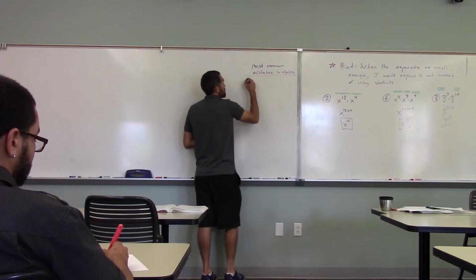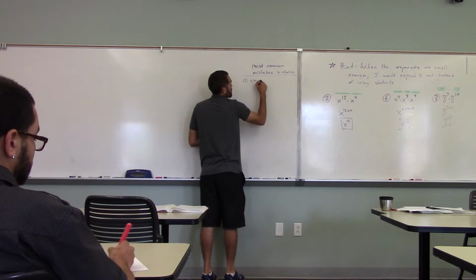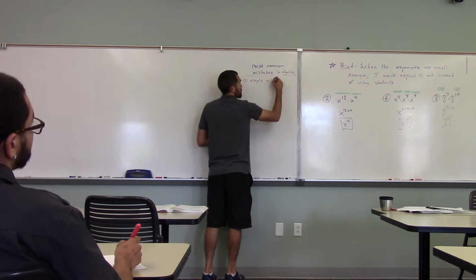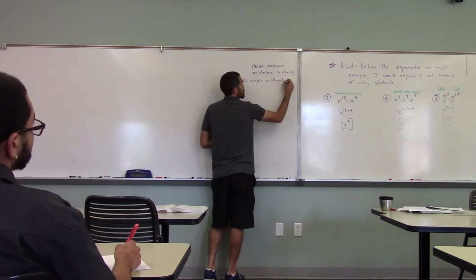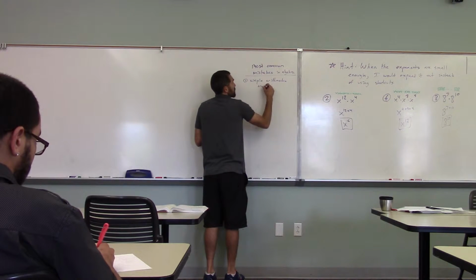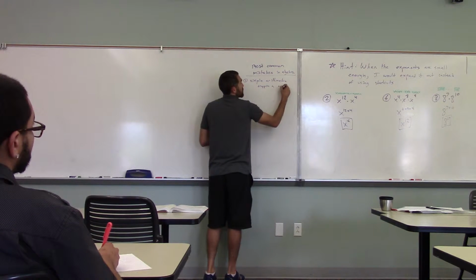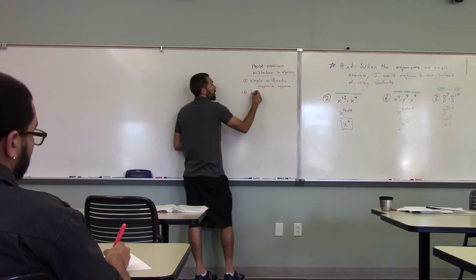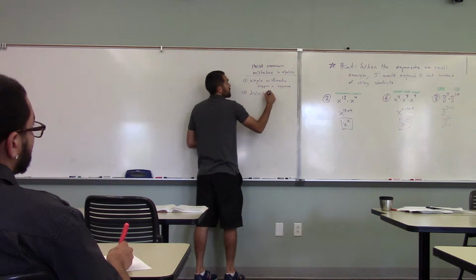Okay, number 1 is just simple arithmetic, right? Like 2 plus 5 and saying like 8 or something, right? Or just dropping a negative somewhere, right? So it's a really common one.